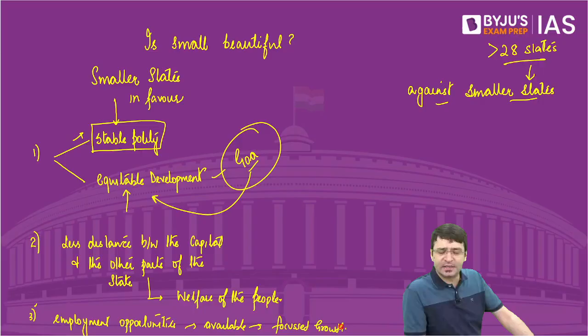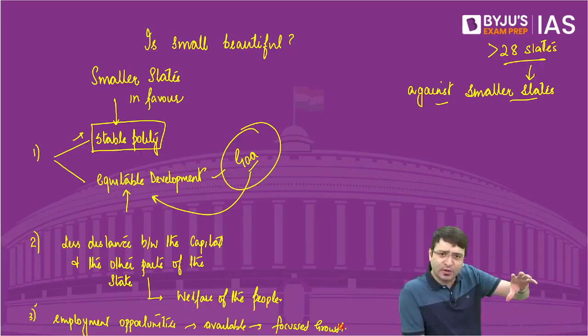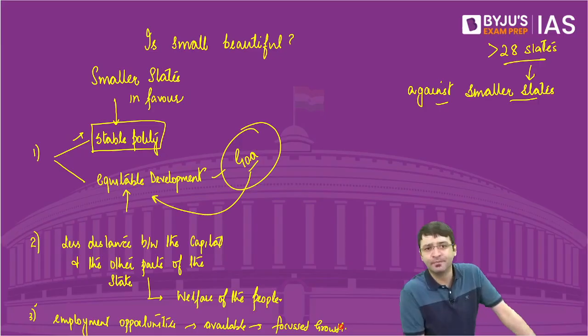Employment opportunities in the sense, if the state is smaller, this smaller state will cater to a small population area. Whatever jobs are required, those will be catered to by the existing population, which means we will ensure jobs for these individuals as well. Smaller the state, better we will see the unemployment rate. That is why the unemployment rate in smaller states is lesser as compared to a bigger state.